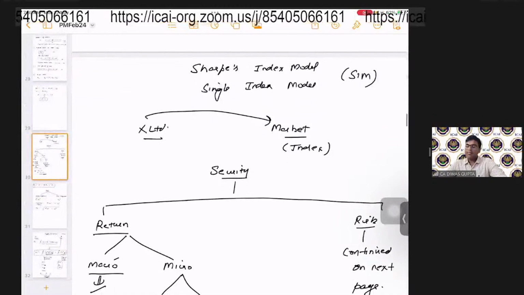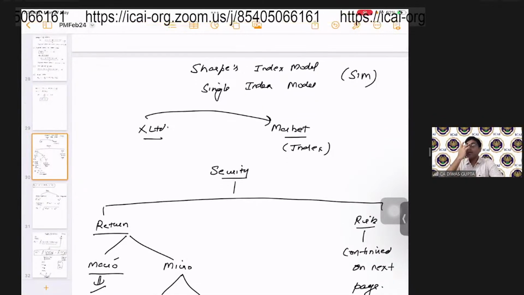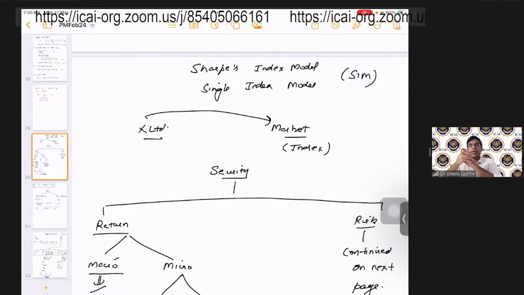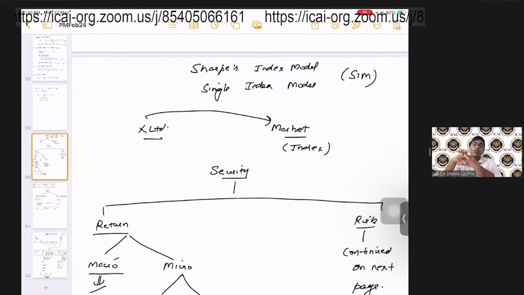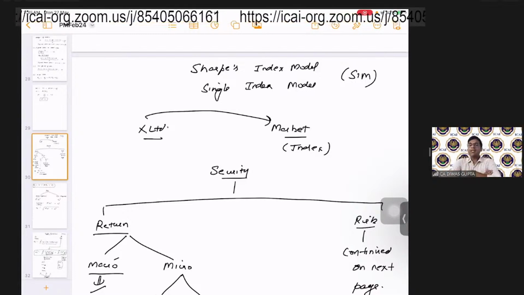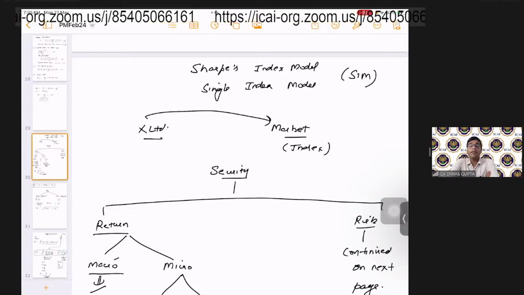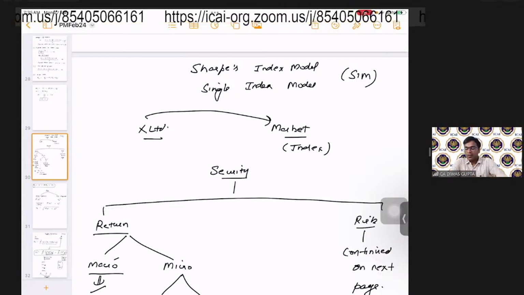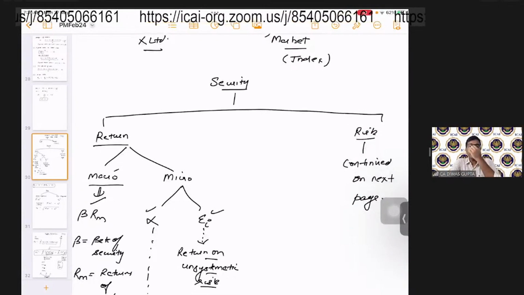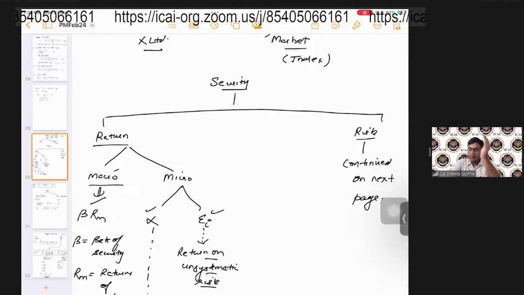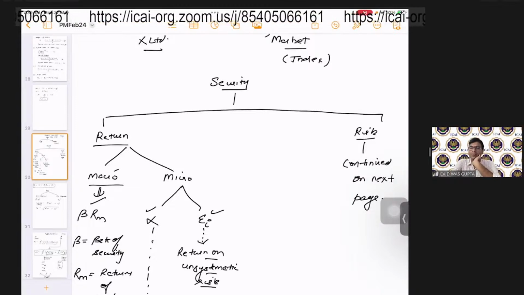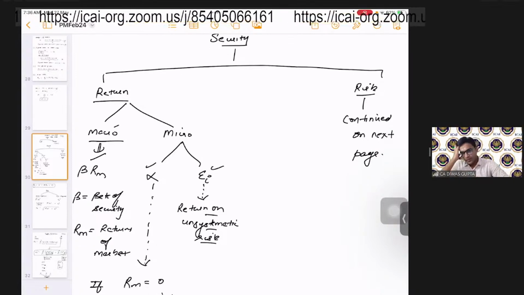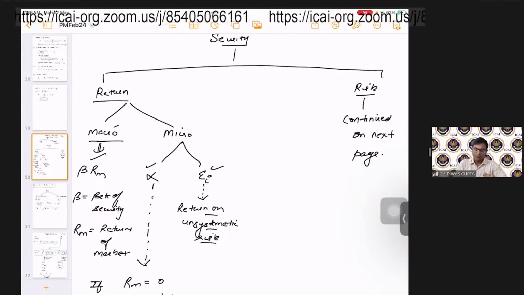Then we came to Sharpe's index model. This is a very, very important and interesting concept. This is in contrast to what we have discussed in the Markowitz portfolio theory. It says that how a security moves in response to the market, we track using beta, right? So let's try to see how we can arrive at the return and risk of a security from a market point of view. Now the security's return is divided into two parts: one is the macro and the second is the micro.